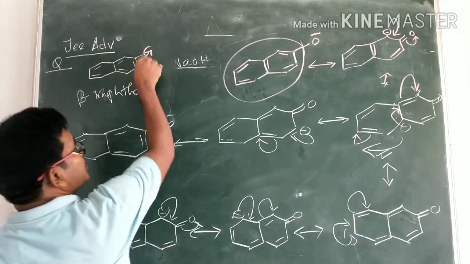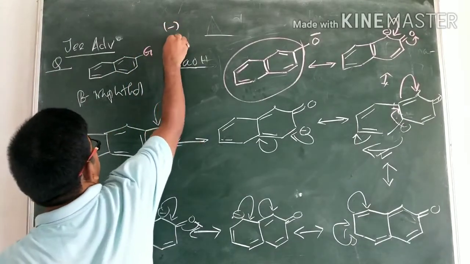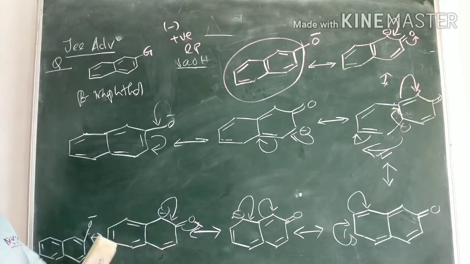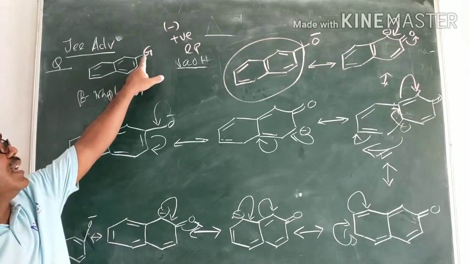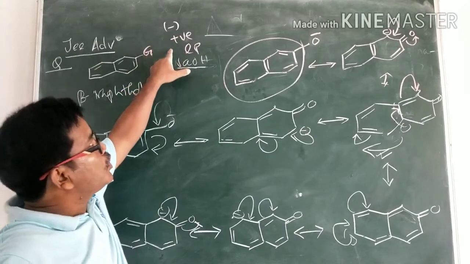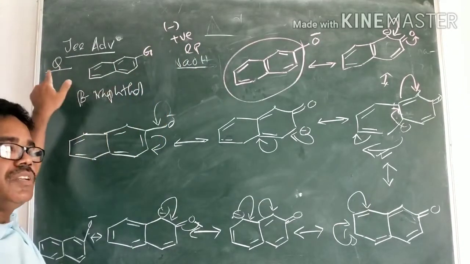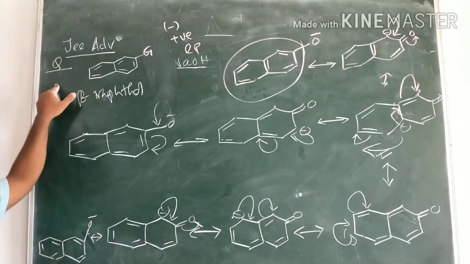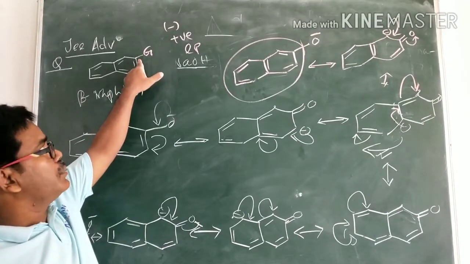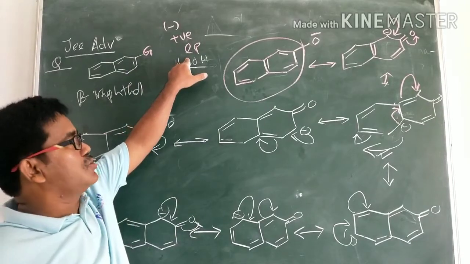If this atom G contains either a negative charge, or a positive charge, or a lone pair, this G is an atom directly attached to the benzene ring. Whatever the number of benzene rings, 1, 2, or 3, outside the benzene ring there is an atom directly attached to it, which may contain negative, positive, or lone pair of electrons.